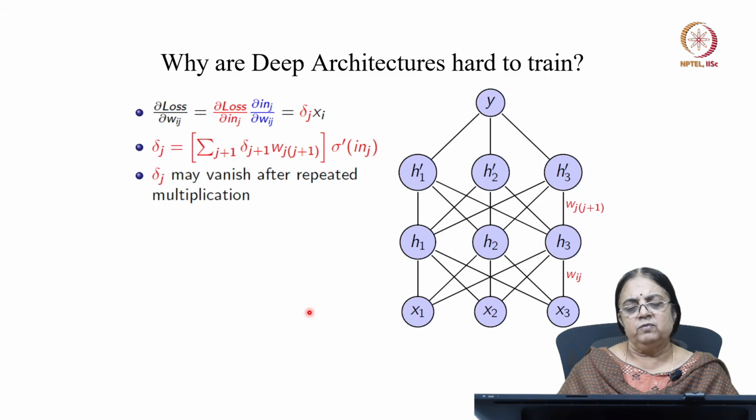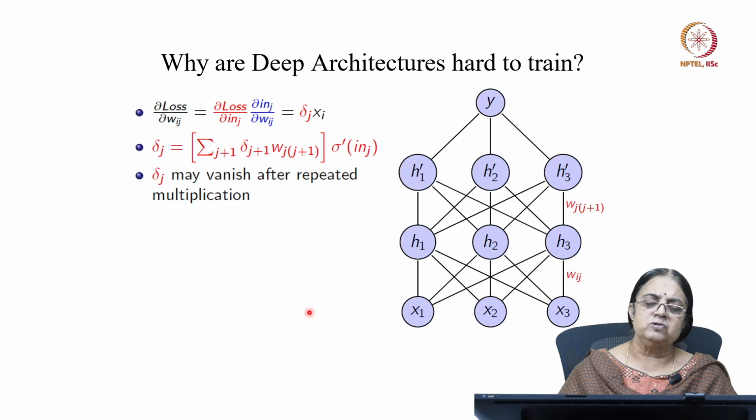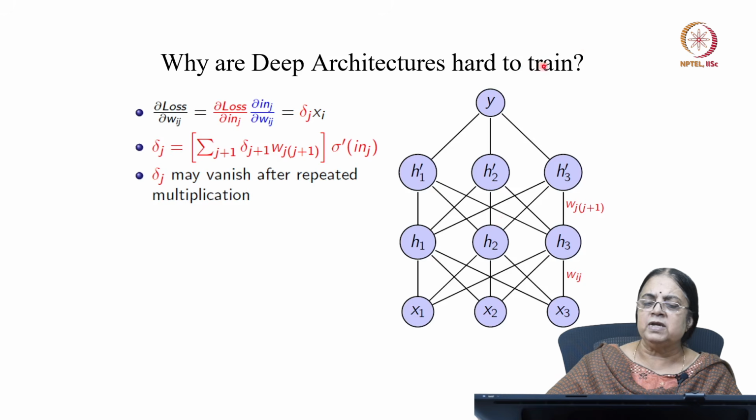Now why can't we use the same method which we have used for the multi-layer perceptron? In the multi-layer perceptron, you are finding the loss here. This is the actual output you're getting, and if your target is t, then t minus y gives you the error or the loss.